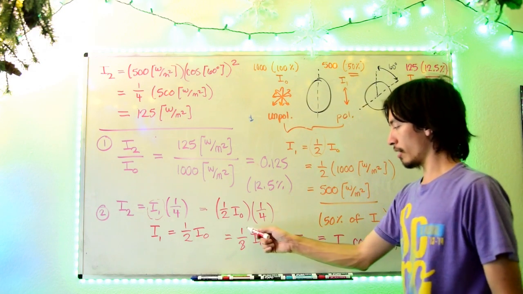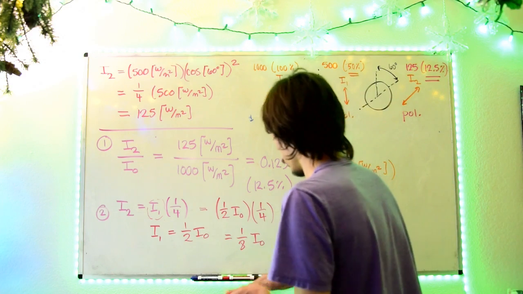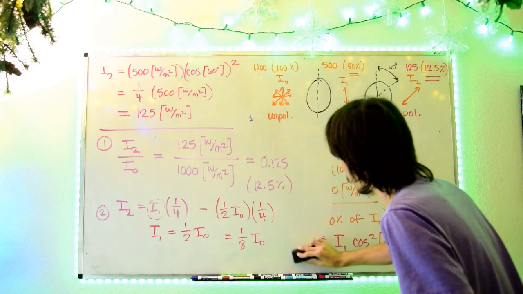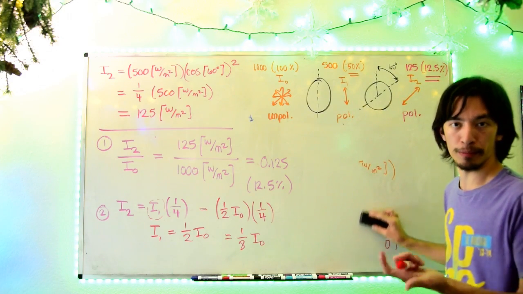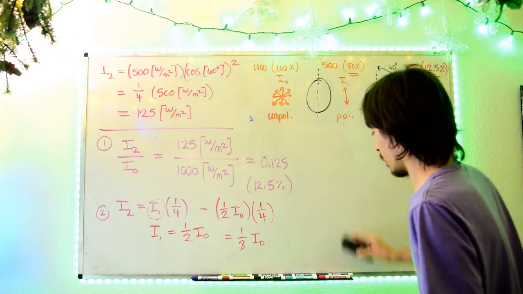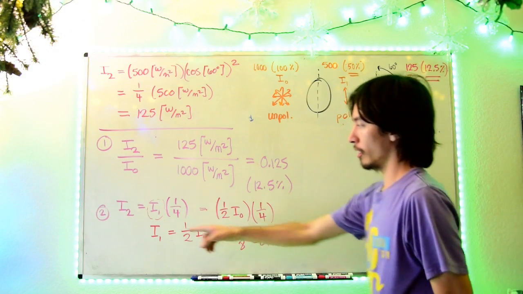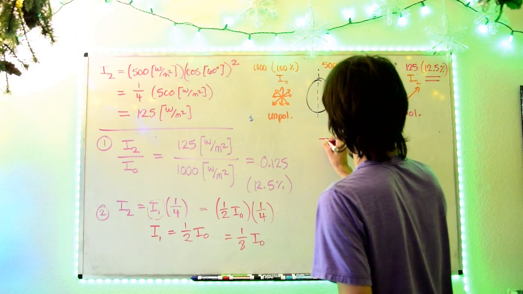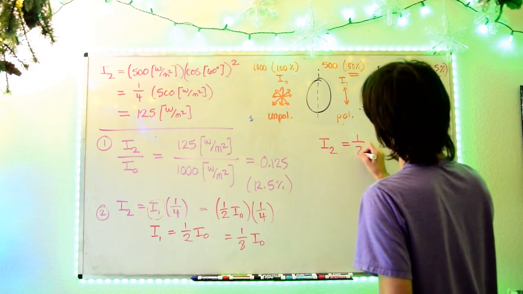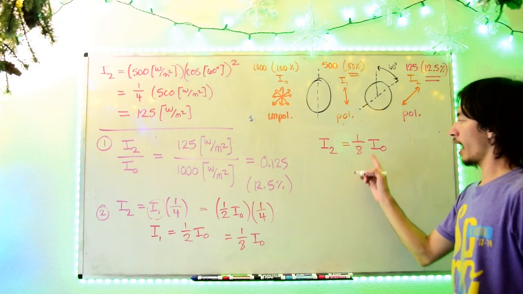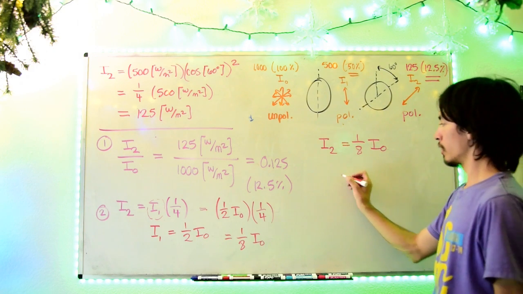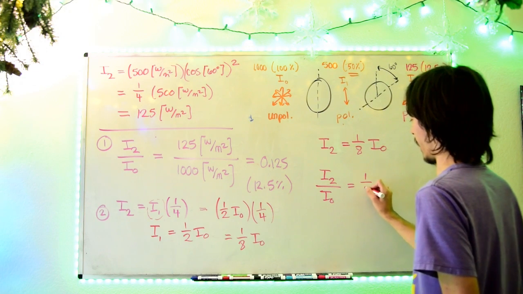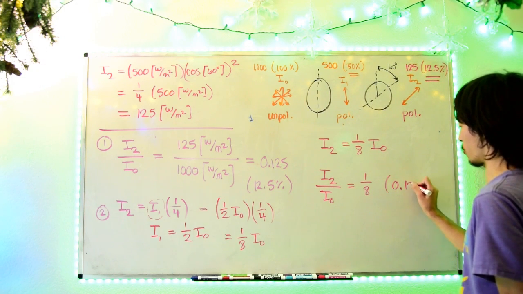So this fraction right here, actually, let me erase this. 1/8 is 12.5%. If you want to finish the job here, I2 equals this. So in other words, if I wrote that I2 equals 1/8 of I0, and I just divided off I0, it says that I2 divided by I0 is 1/8, which is 0.125.